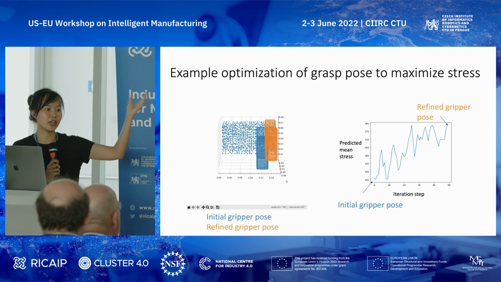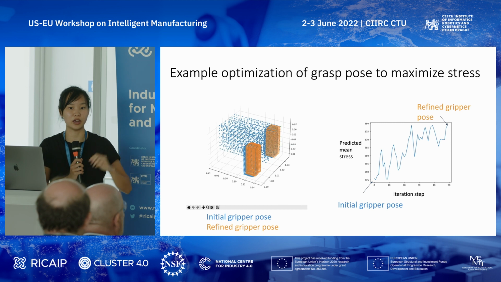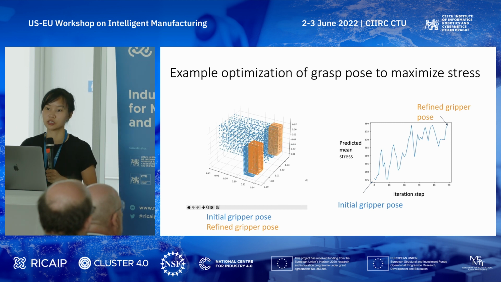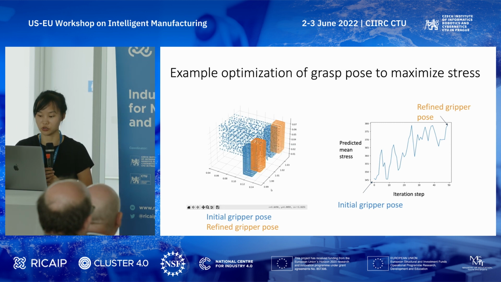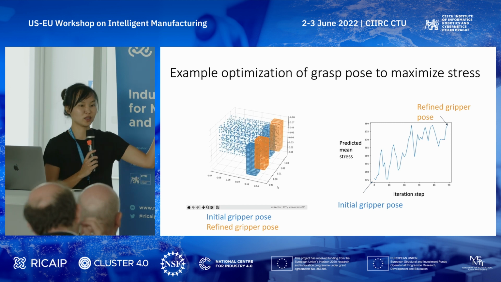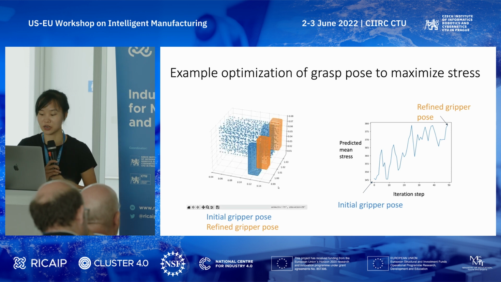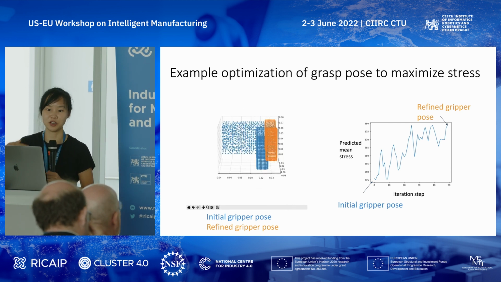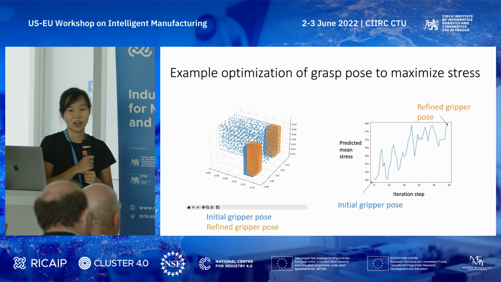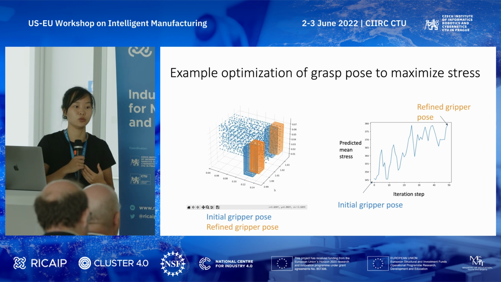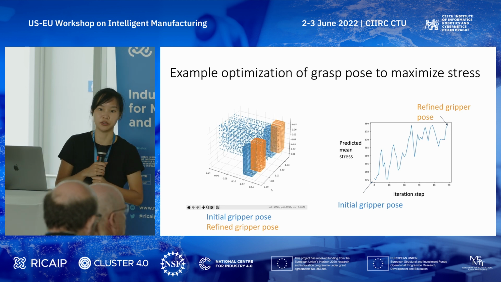We see that it does end up near the edges of the object where the curvature discontinuities typically do lead to higher stresses. So we can see that this is starting to work in a useful way. Of course, practically speaking, we probably want to minimize the stress, but this was an example of what we expect to be able to do with the differentiable network.